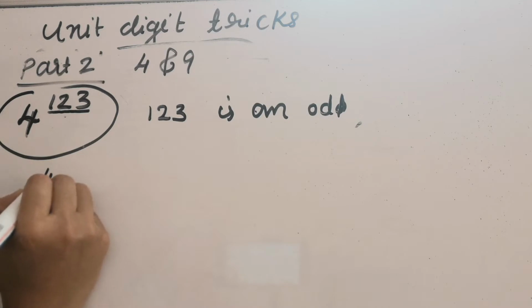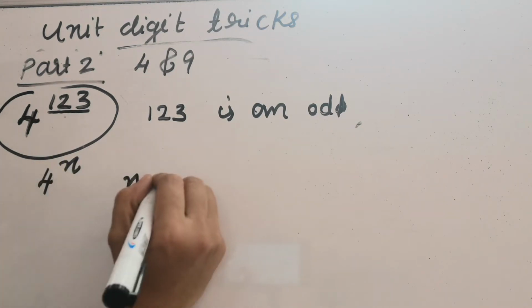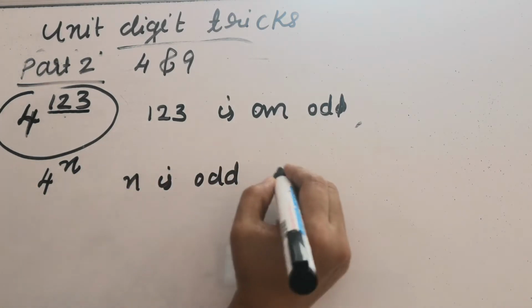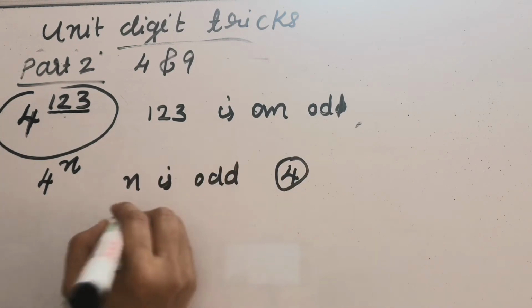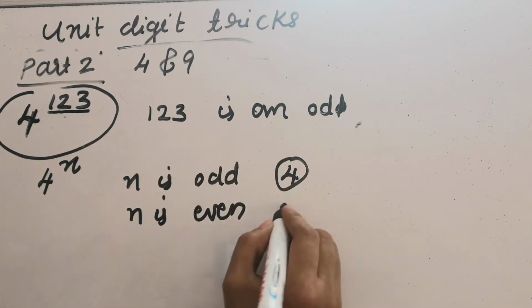The general rule is: for 4 raised to n, if n is odd, the unit digit is 4. If n is even, the unit digit is 6.